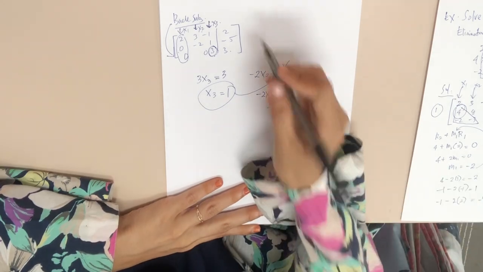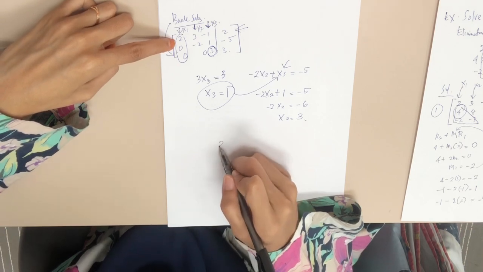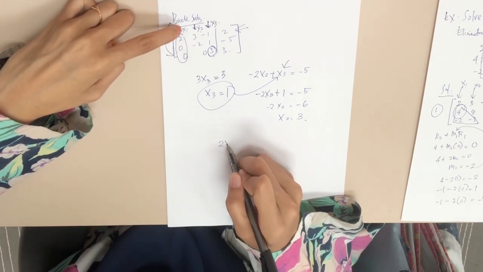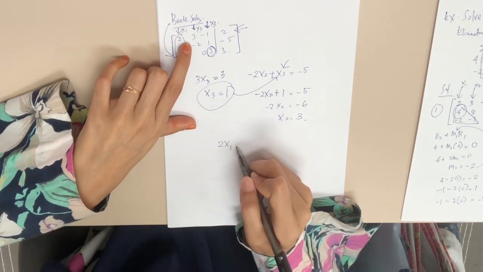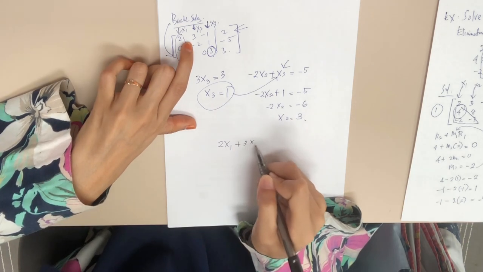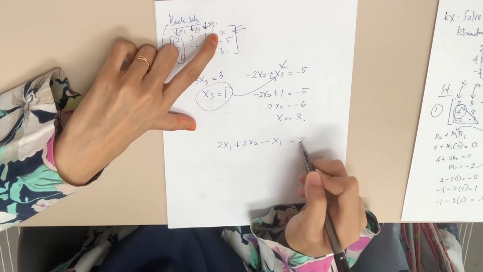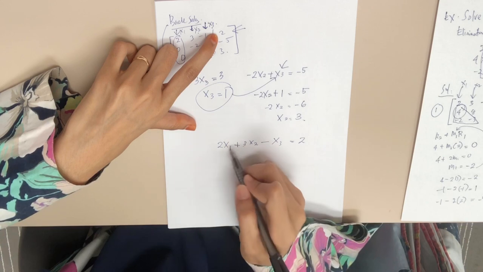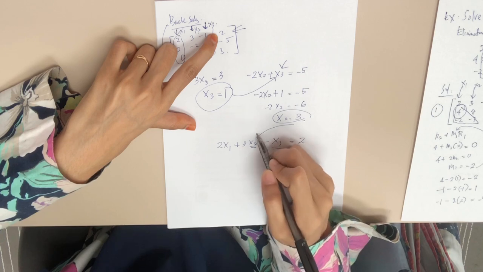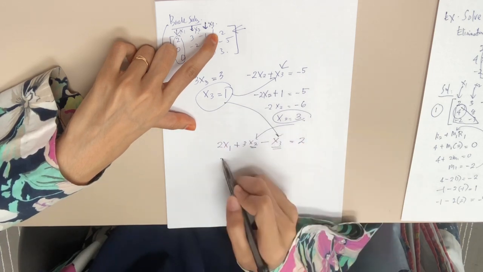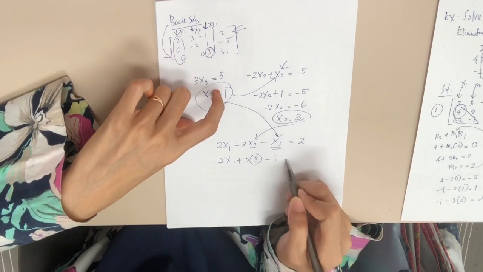Now the last one is to find x1. You will use the first row. The equation is 2x1 plus 3x2 minus 1x3, equal to 2. You already have x2 and x3, so substitute them here: 2x1 plus 3 times 3 minus 1 equal to 2.